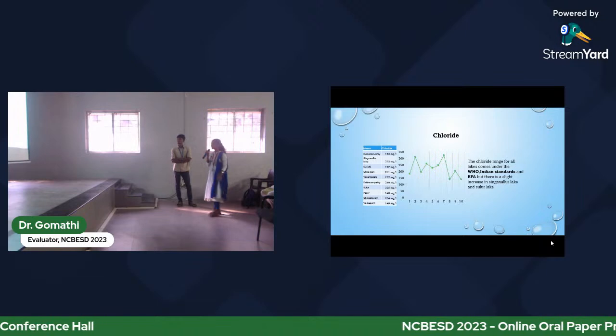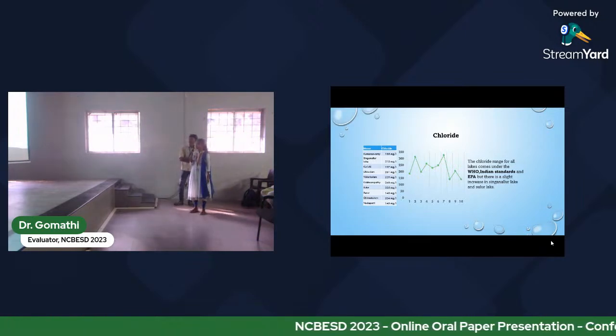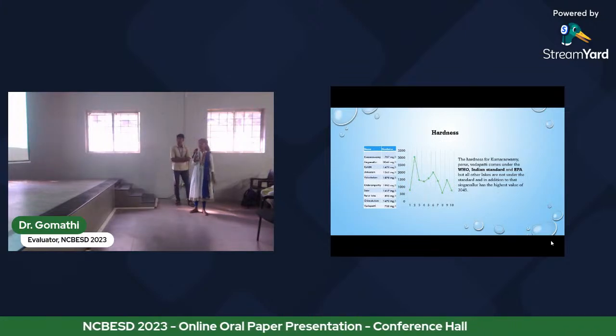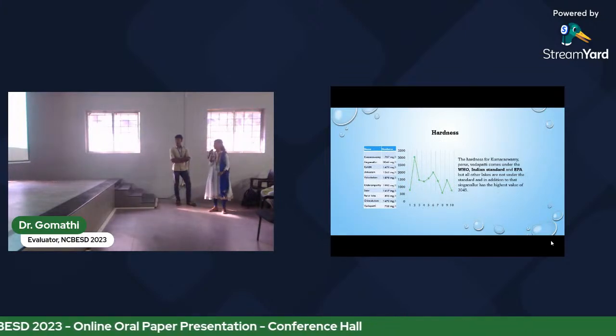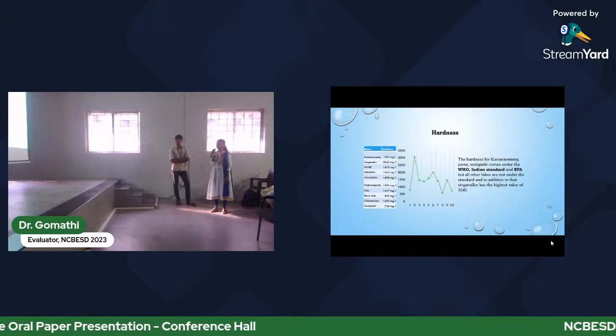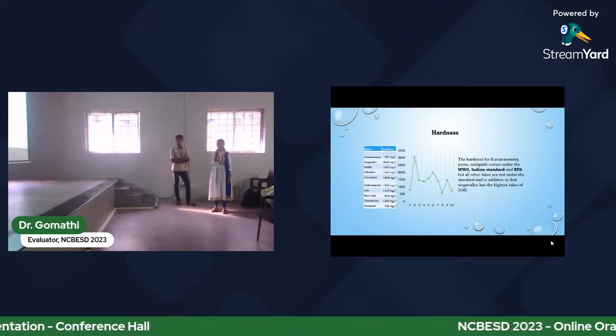In chloride, there is an elevated level in one lake and all other lakes come under the EPA guidelines. As we speak of hardness, again, Singanallur has the highest value, and Kumaraswamy, Peru and Vedapalli have elevated levels.